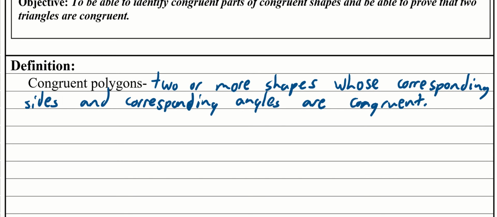Again, congruent polygons are two or more shapes whose corresponding sides and corresponding angles are congruent to each other. For an example here, since we're dealing with triangles, might as well draw a couple.